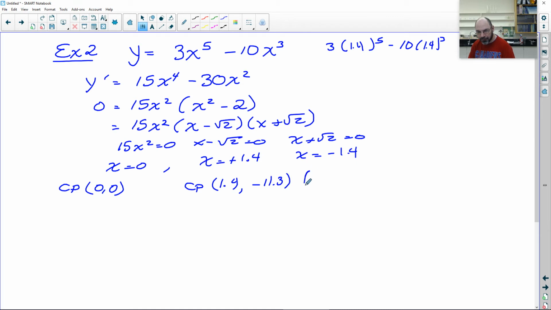Okay, and then this one here, we get negative 1.4, which is going to probably change the sign, but let's double check it just in case.